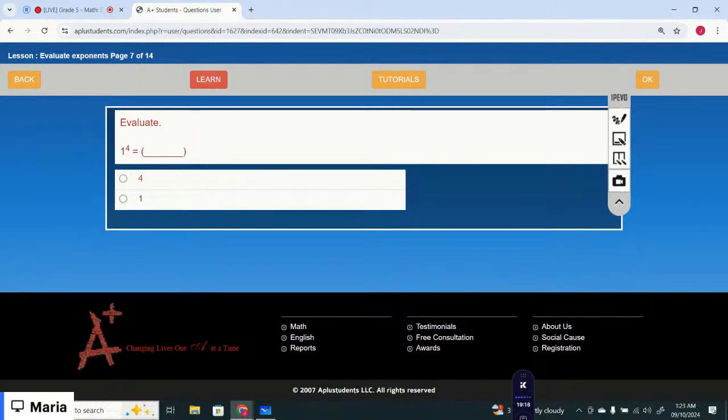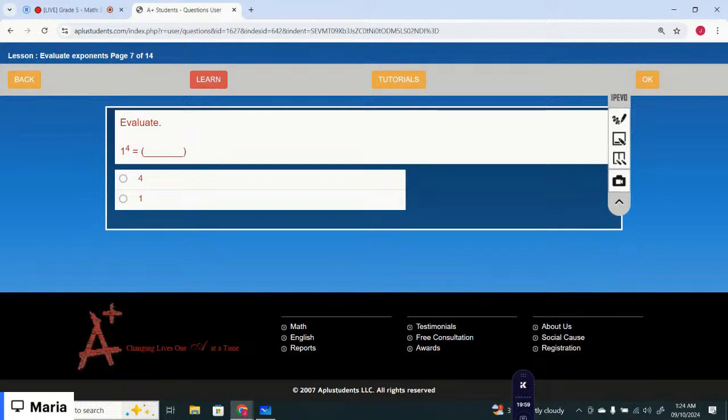1 exponent 4, which is the correct option? 1 exponent 4 is 1.